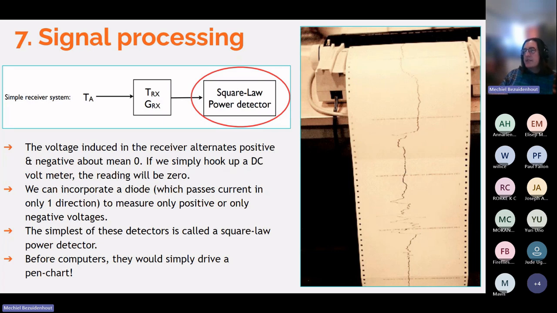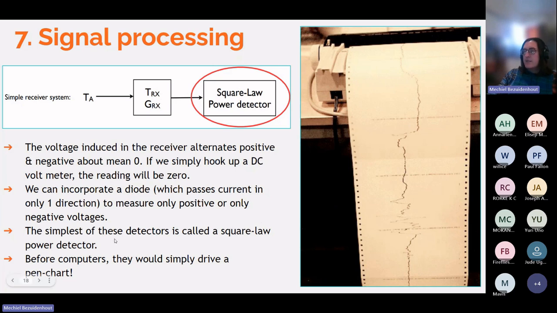So that's not ideal. Instead, we want to incorporate a diode, which is a device which only passes current in one direction, so that we can only measure positive or only negative voltages. And the simplest of these kinds of detectors using a diode is called a square law power detector.